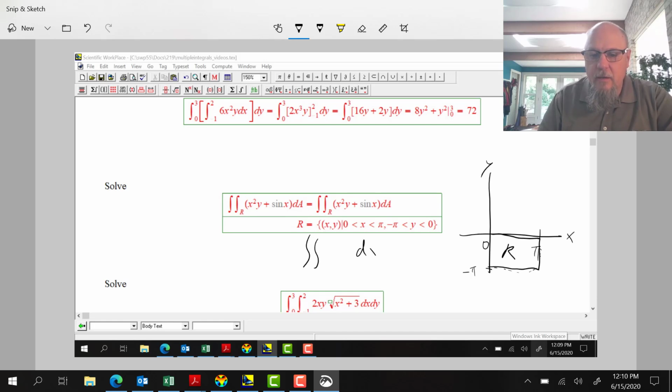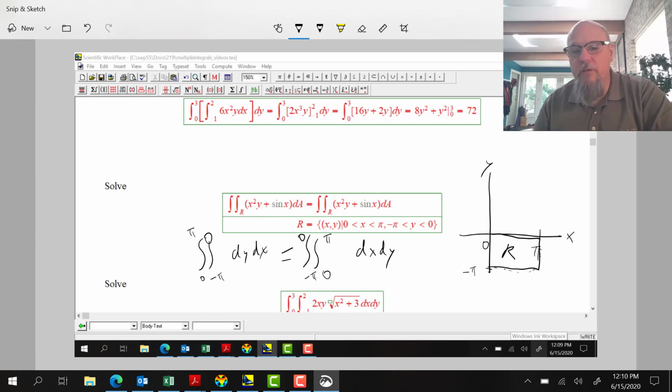I could pick dx dy, in which case the x's go from 0 to pi, or I could pick dy dx, and the y's go from minus pi to 0, and then the x's go from 0 to pi. Either one of these will be equivalent when I do the integration.